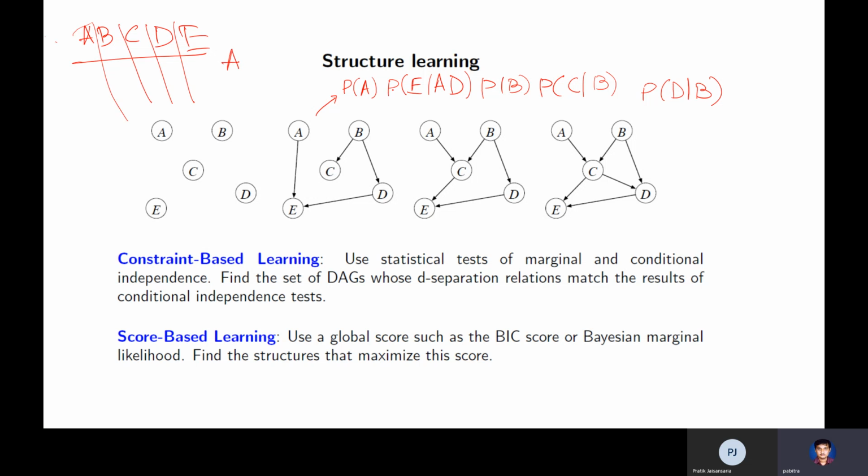For example, let's say I have a conditional independence that A is independent of D given E, if E is observed. Or let's say I can have a conditional independence that A is independent of B given E. Several such conditional independences you can systematically find out.